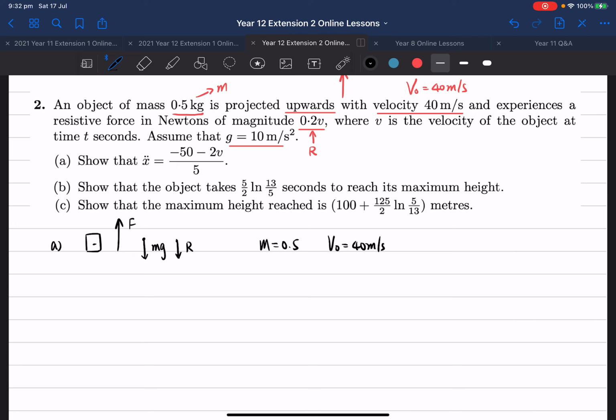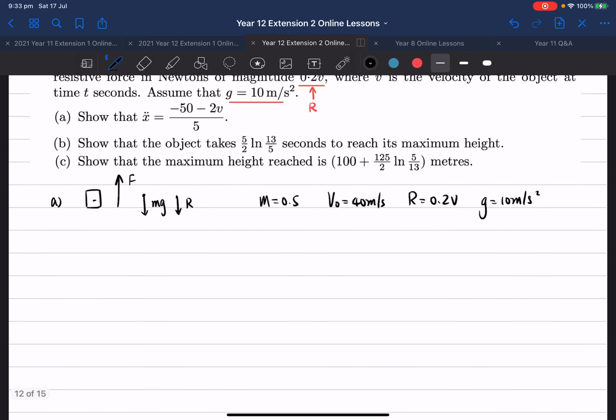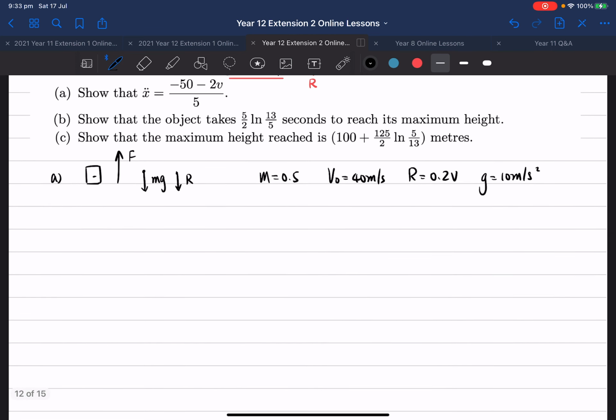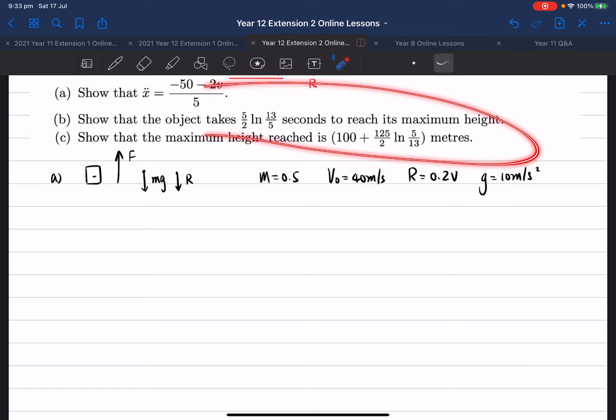The resistance force is equal to 0.2v. And g is equal to 10 meters per second squared. Once you have this information, I'm going to cover the question, so you don't need to look at it anymore. You don't need to read the question multiple times, because you don't get anything more after reading it multiple times. These are the only things you need to solve all the questions now.